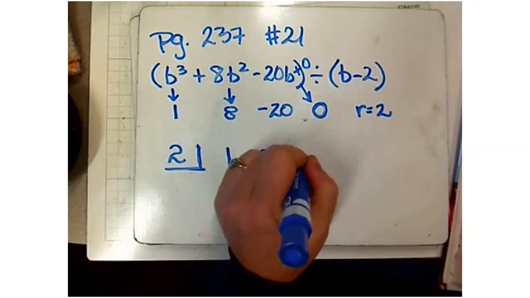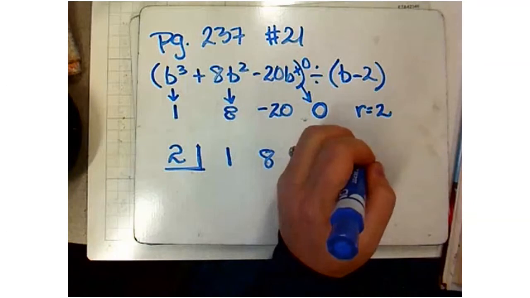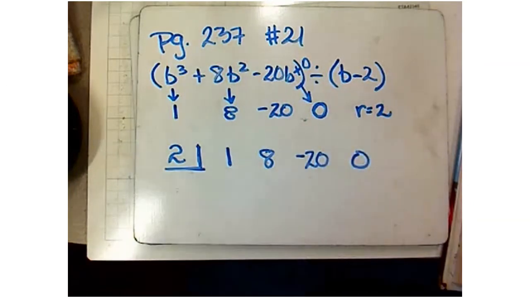And a space and a negative 20, and a space and a 0. You put number signs if you'd like. This is your scratch work, so I'm okay with your own style. If you know their numbers, you don't need a number sign. You're not being transcribers, you're being mathematicians and problem solvers.